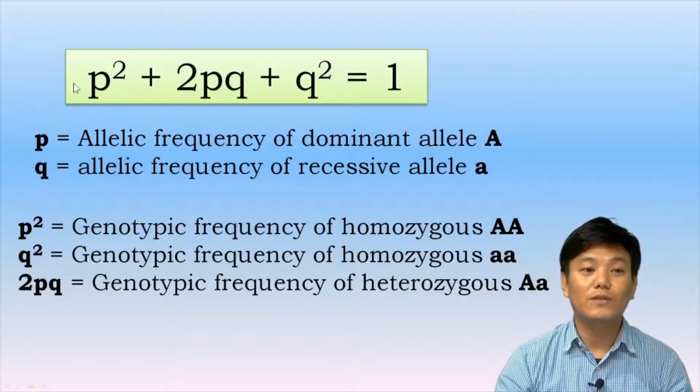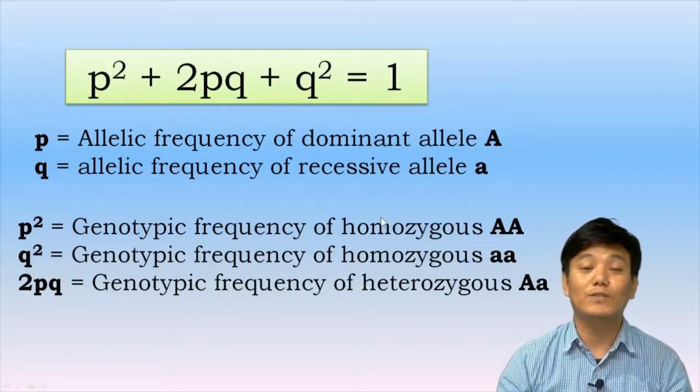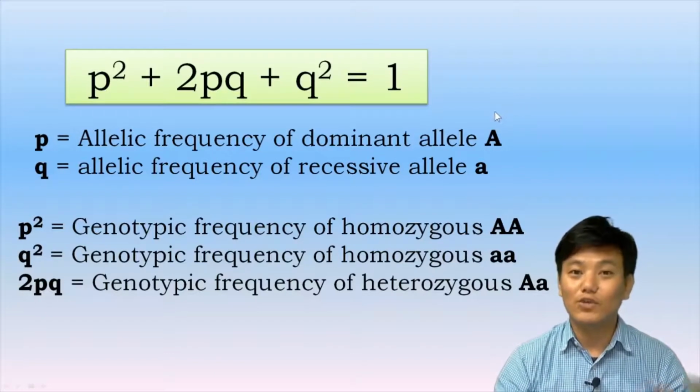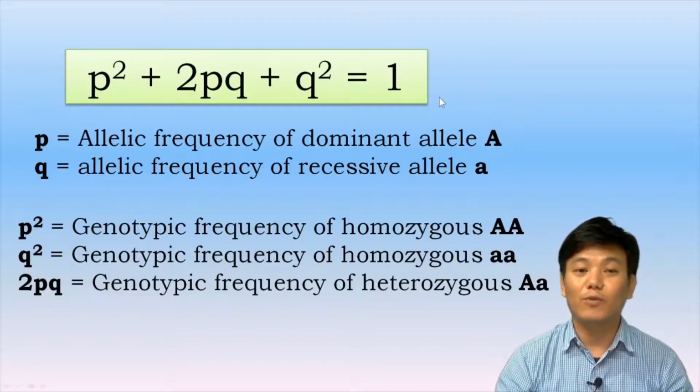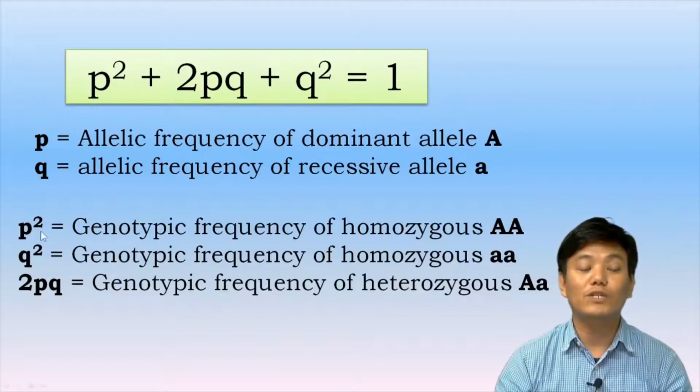In this equation, p square represents the genotypic frequency of homozygous dominant individuals. In a sexually reproducing diploid organism, the genotype is composed of two alleles.